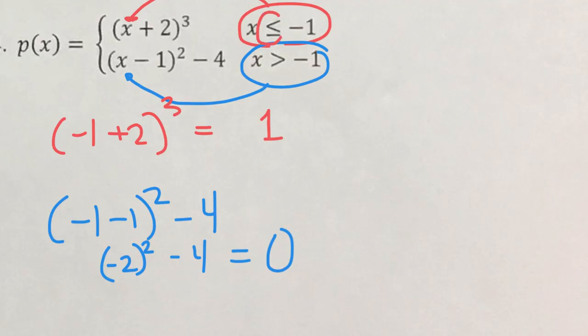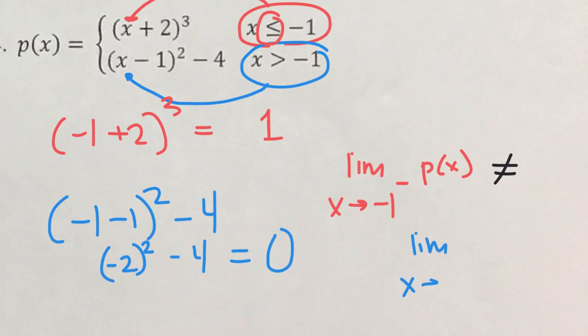Less than means from the left. So the limit as x approaches negative 1 from the left of our p function does not equal the limit as x approaches negative 1 from the right of our p function.